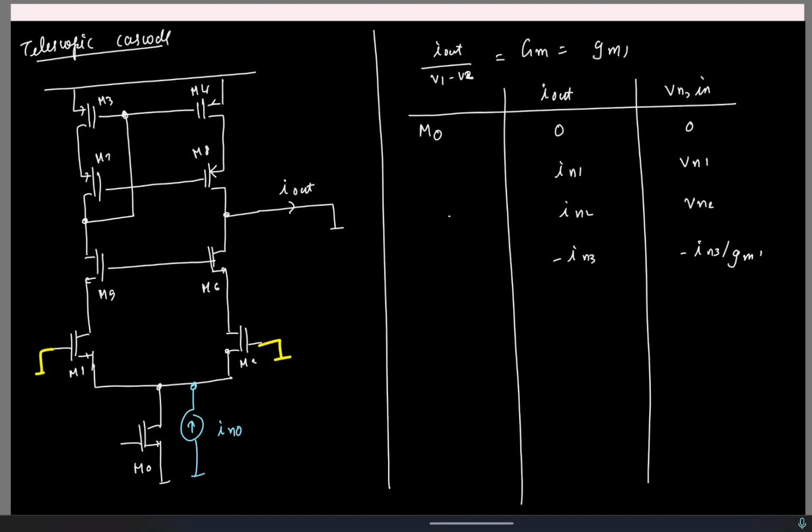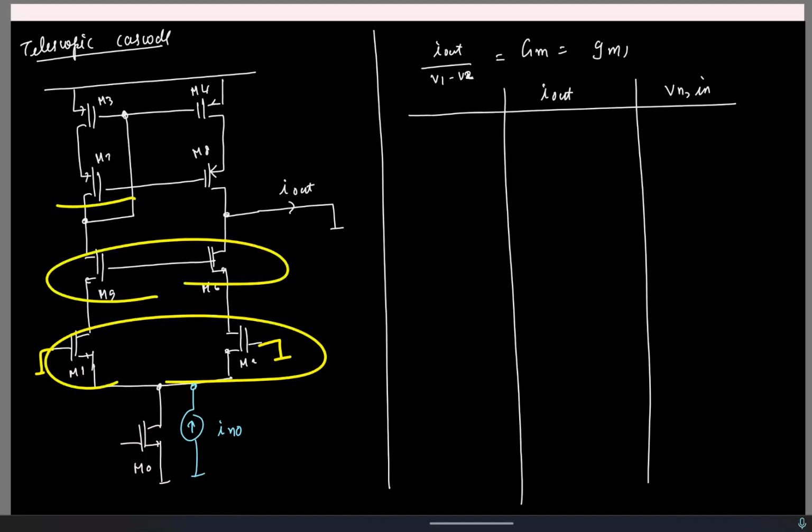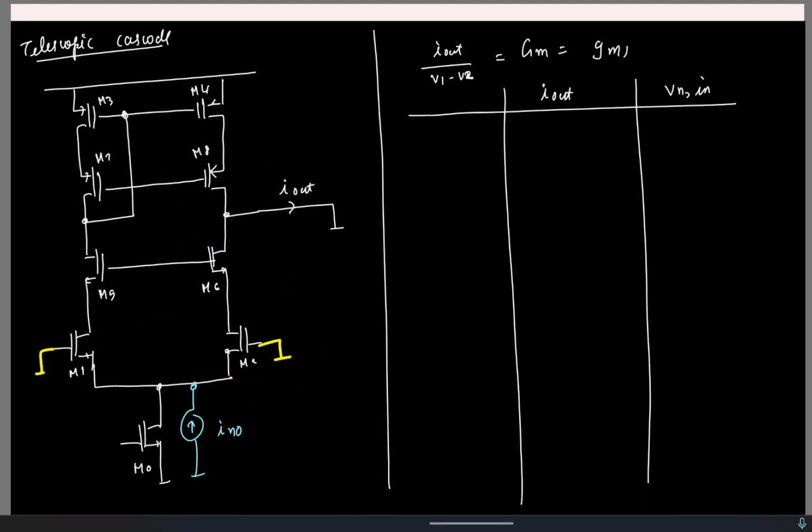So how many sources of mismatches are here? I can have mismatches between these guys. Okay, I have 4 possibilities. So let's look at that. First we look at the simple ones. Mismatch due to M1 and M2.